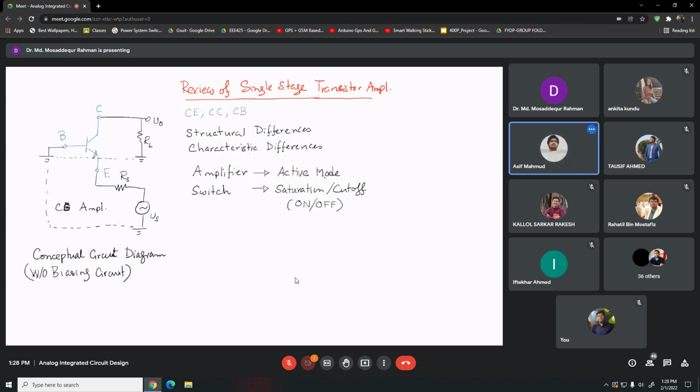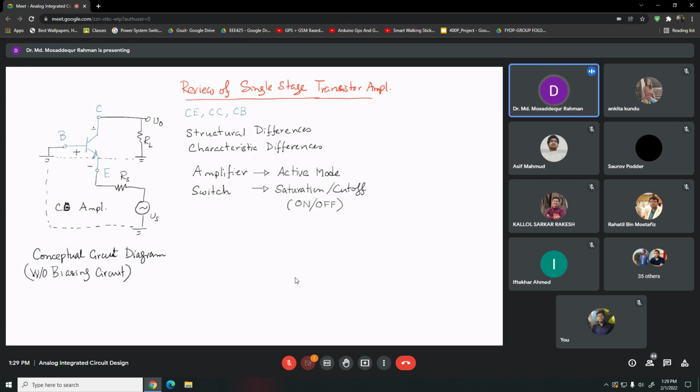Base emitter forward biased and base collector reverse biased. Right. So we have two PN junctions. One is the base emitter junction, that has to be forward biased. The other is the collector base junction that has to be reverse biased.